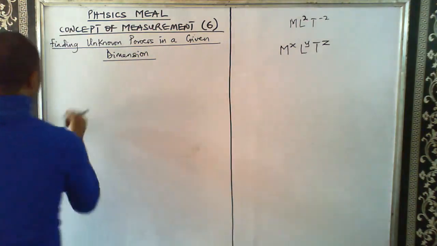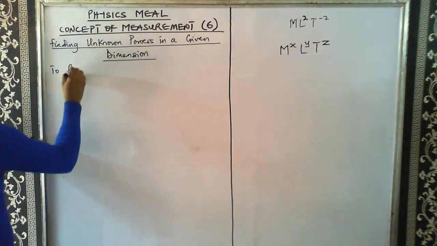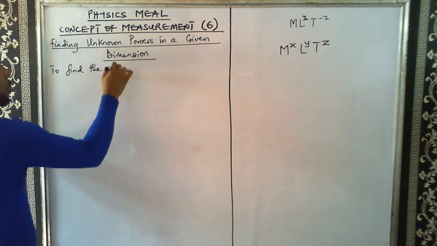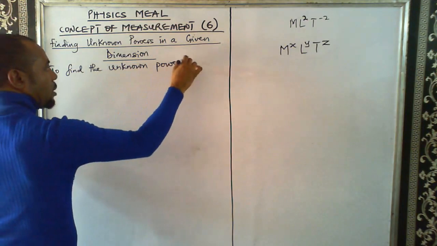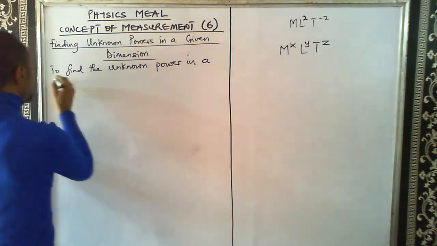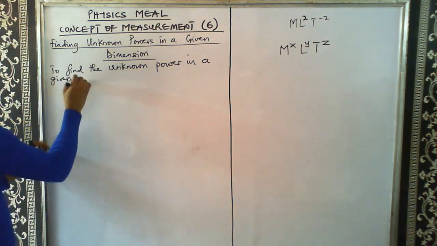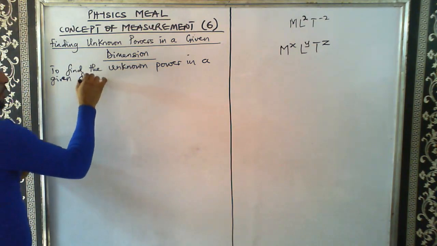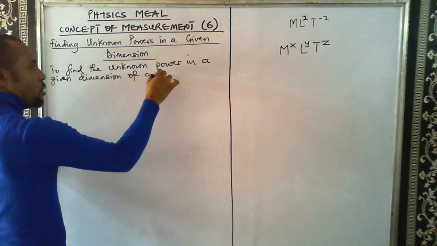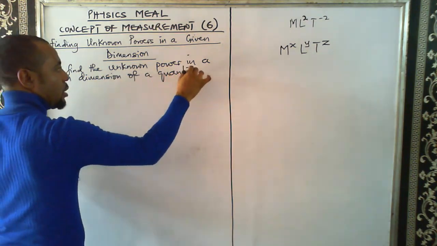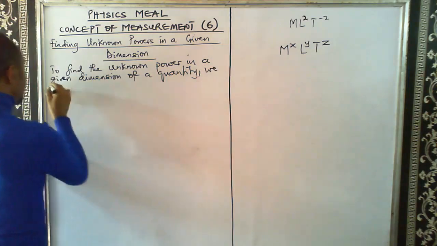To find the unknown powers in a given dimension of a quantity, we take these steps.